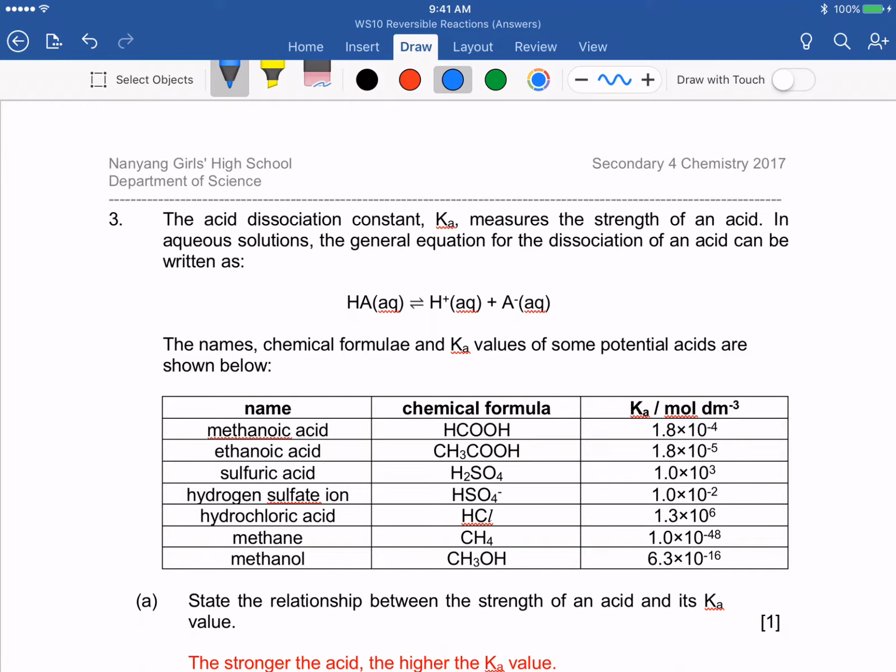You can see that there are some acids that you know, right? You know HCl. It is a strong acid. And you see that its value is much greater than the rest. So you can see that when Ka is high, the acid is stronger.